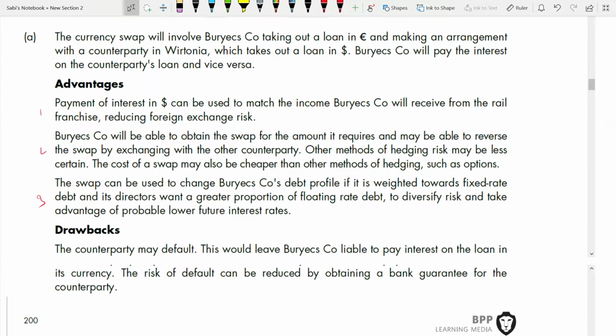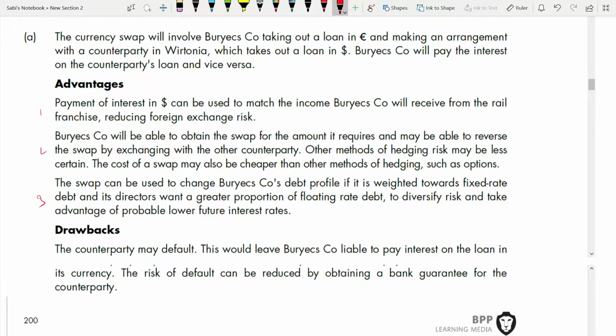Third advantage is the swap can be used to change the Brewers company's debt profile if it is weighted towards fixed rate debt and its directors want a greater proportion of floating rate debt. Let's say that your company is currently paying a fixed interest rate. What happens with a fixed interest rate is, if the interest rate goes significantly down, you cannot take advantage of it.